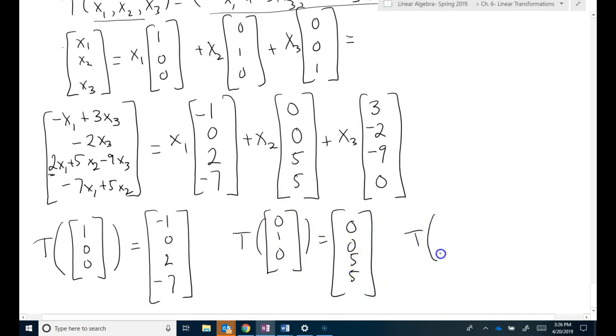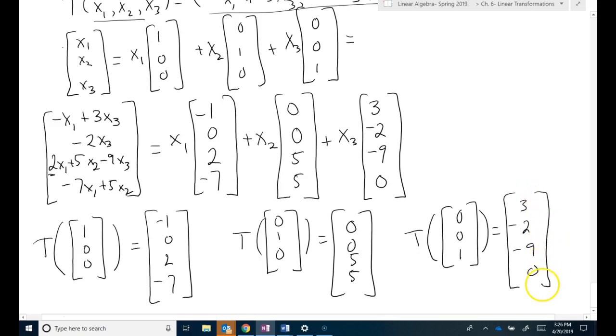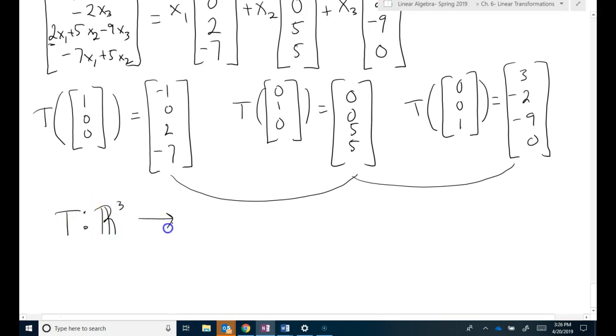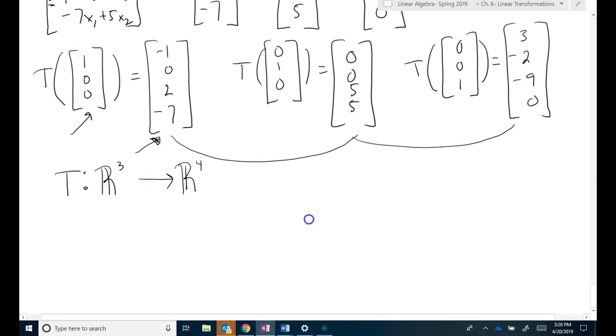And T of 0, 0, 1 will then equal 3, negative 2, negative 9, 0. These three are now the three vectors of the matrix transformation. So T goes from R3 to R4. How do I know? Because the standard basis vectors are in R3, and we transform them into vectors in R4.